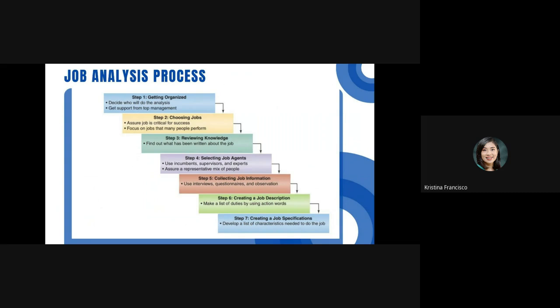Ayan. We have also your supervisor. What makes them a good source of information is that they provide information. They can clarify the tasks that they have been given, so that makes them also a good source of information when we conduct job analysis. Ano pa ba or sino pa ba?